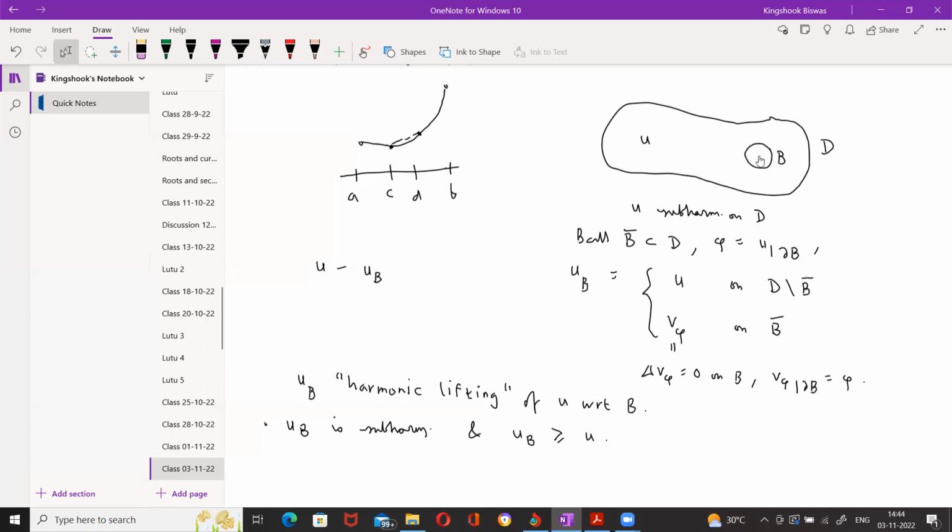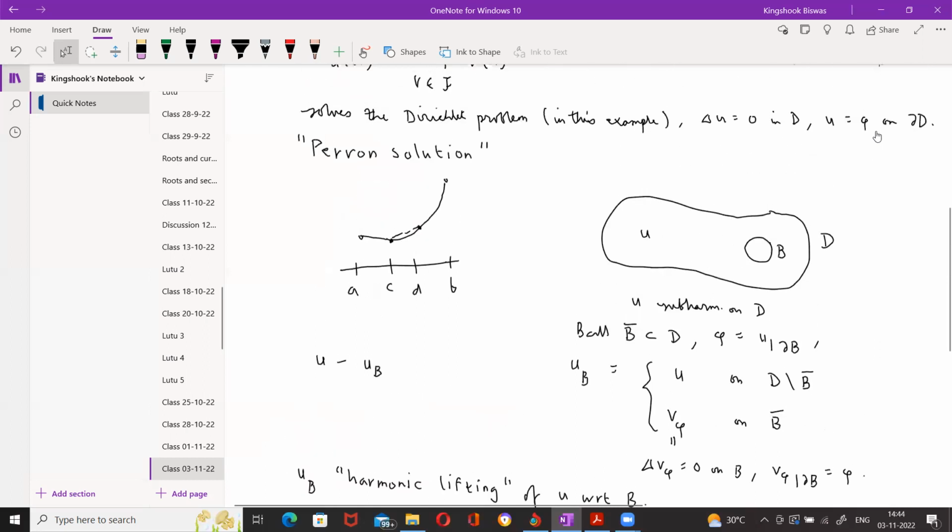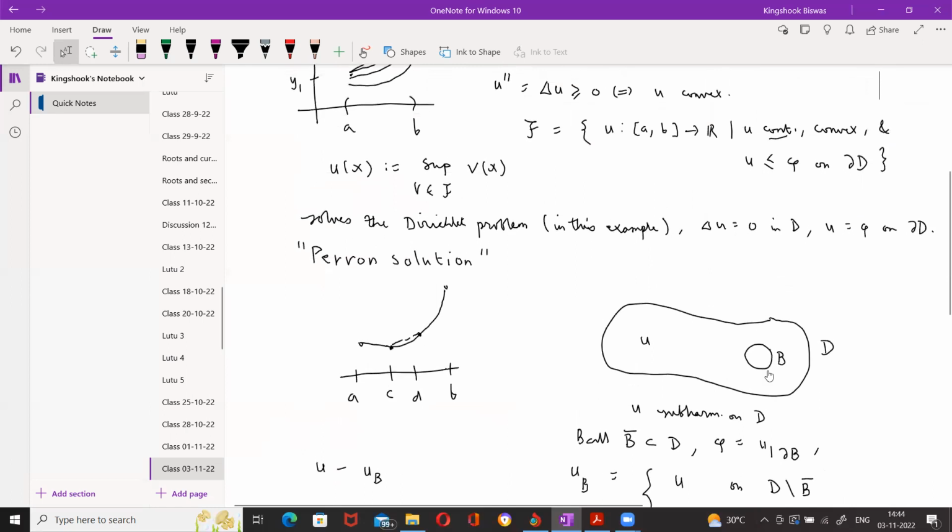So what is the catch with this argument? The catch is continuity of U. Why do we need continuity of U? Because I want to solve the Dirichlet problem with these boundary values on this ball, and for that I need a continuous function.